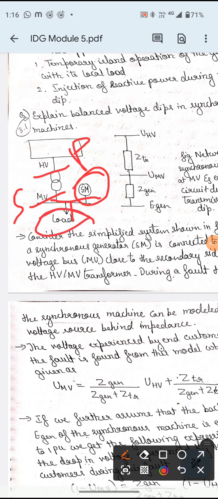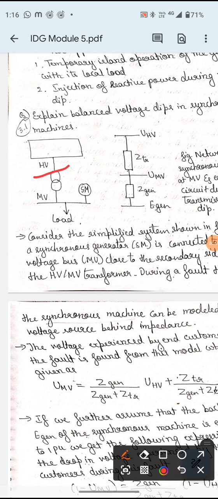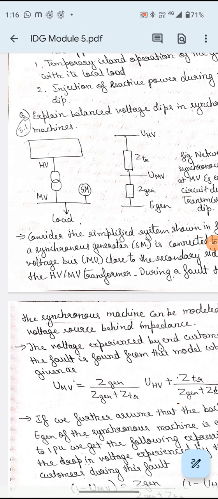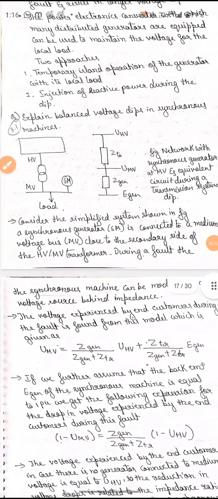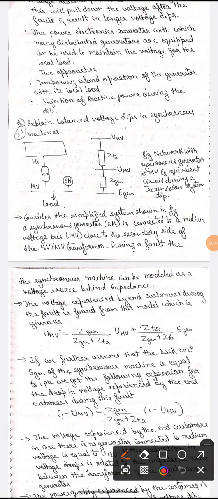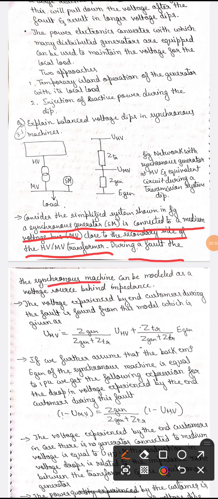So when it comes to the simplified system, the synchronous generator is connected to a medium voltage bus close to the secondary side of the HV/MV transformer, and during the fault condition, the synchronous machines can be modeled as a voltage source behind impedance.